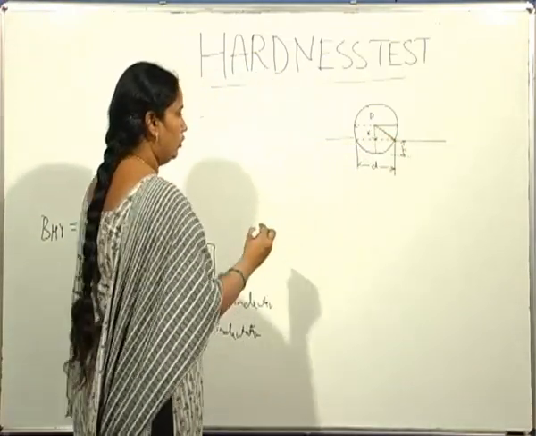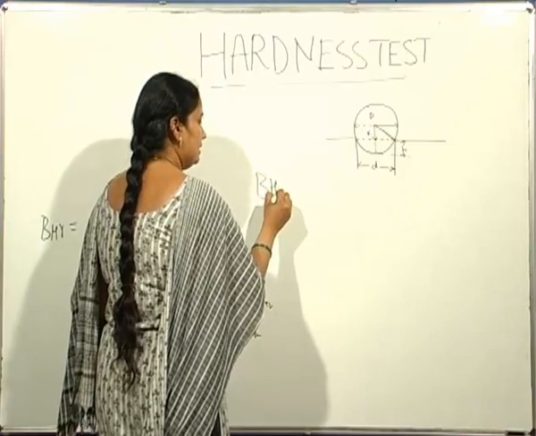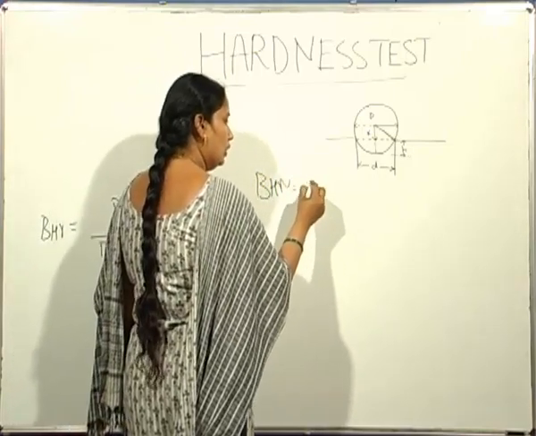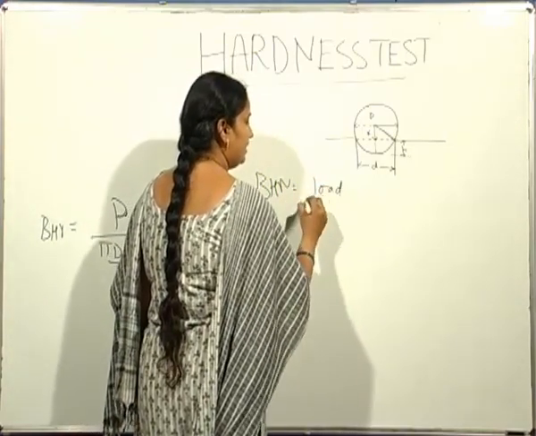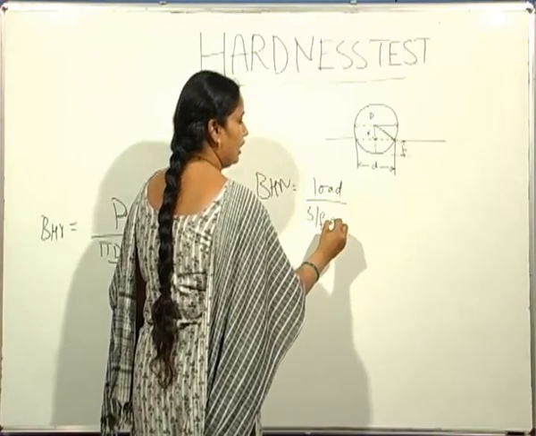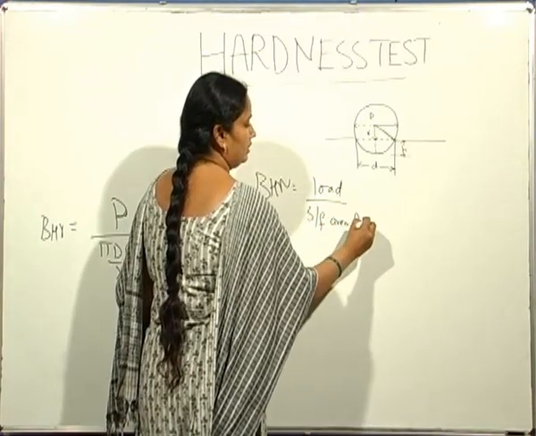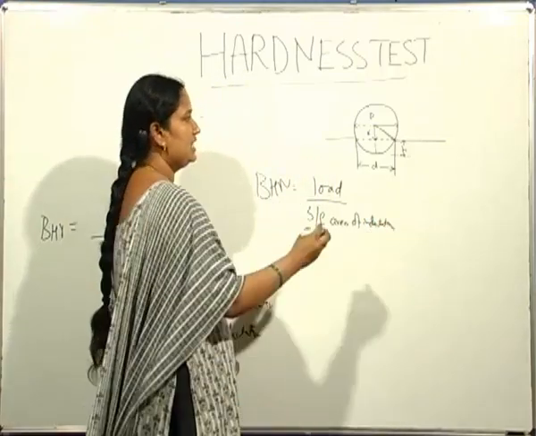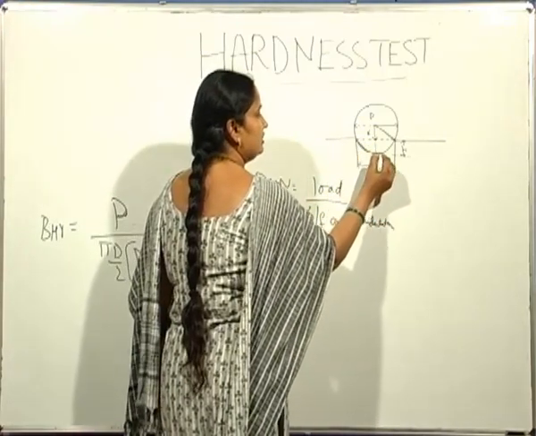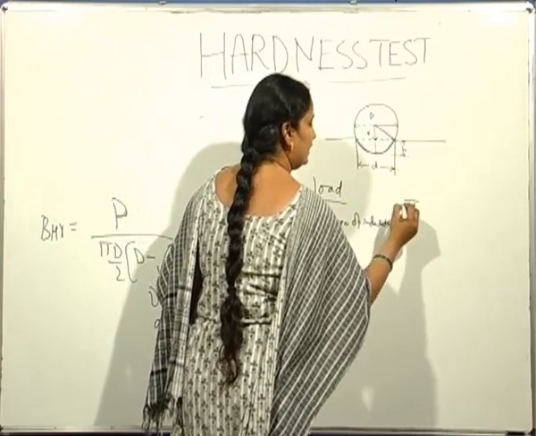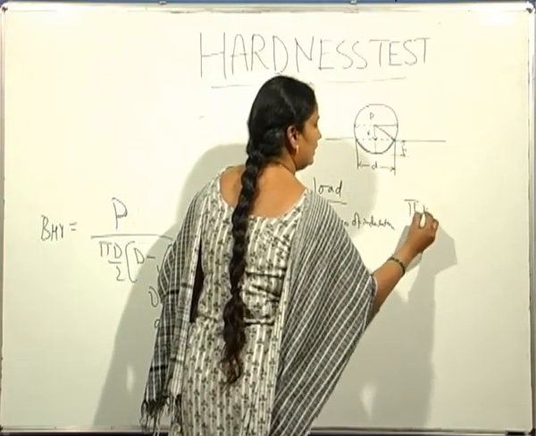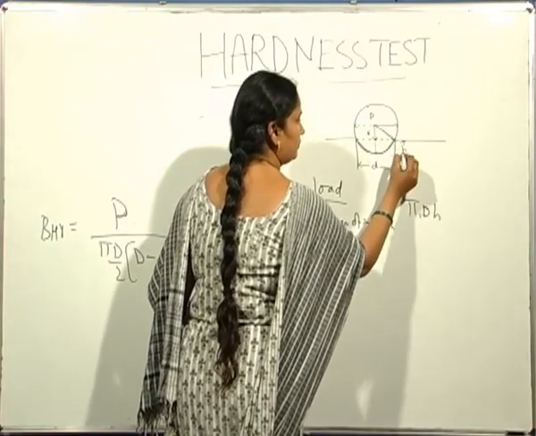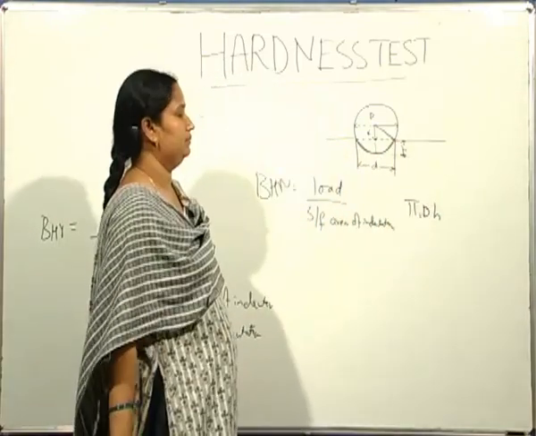According to the formula, Brinell hardness number is equal to load divided by the surface area of indentation, that is given by pi d h. The surface area of indentation is pi d into h, where h is the depth.